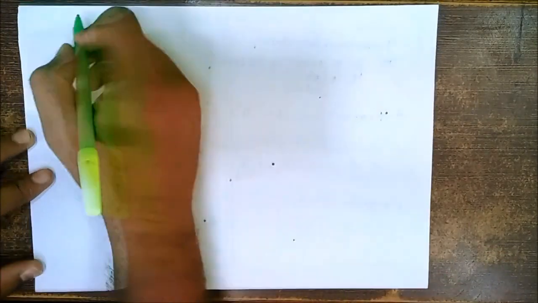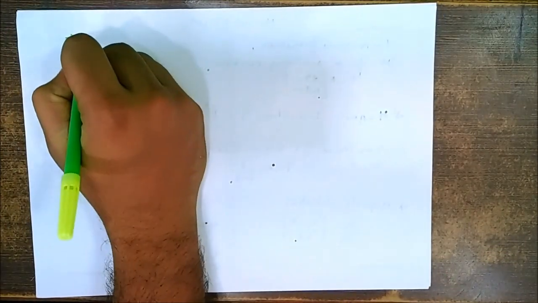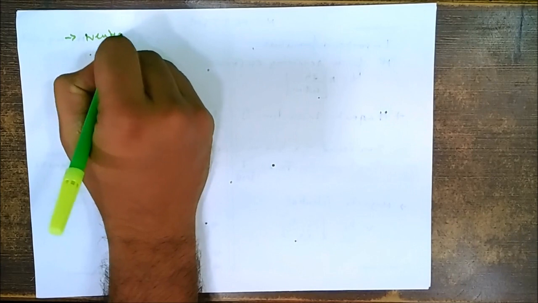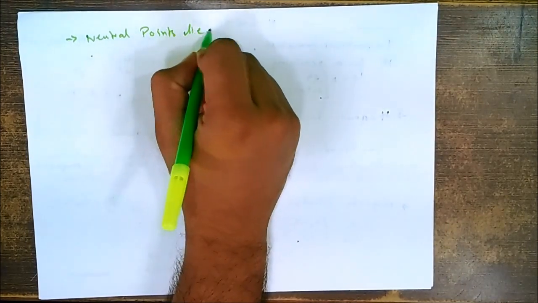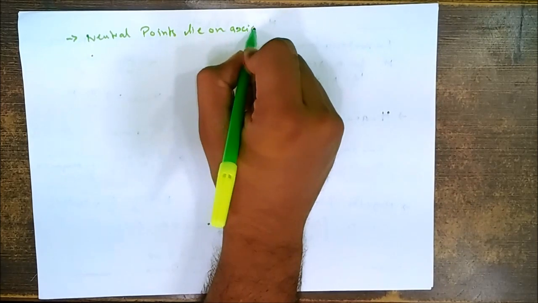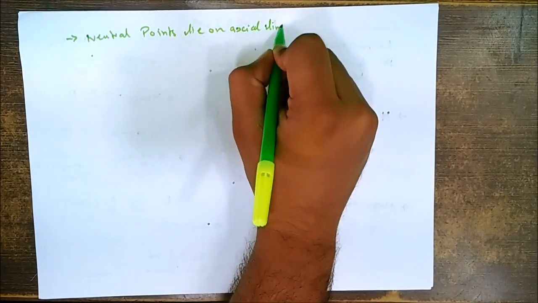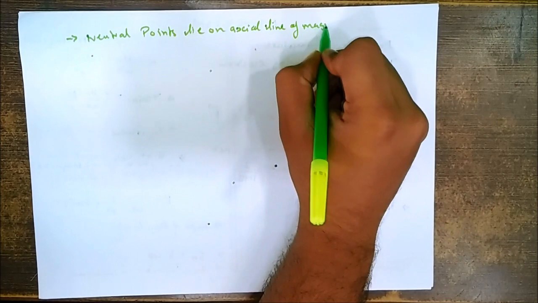Then we can write neutral points lie on the axial line of a magnet.